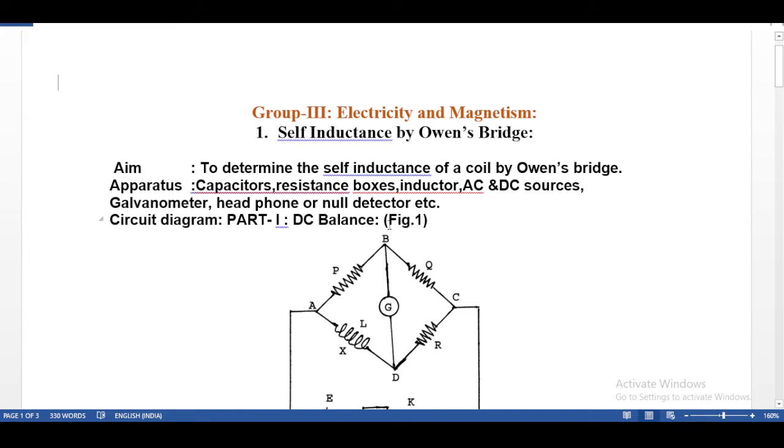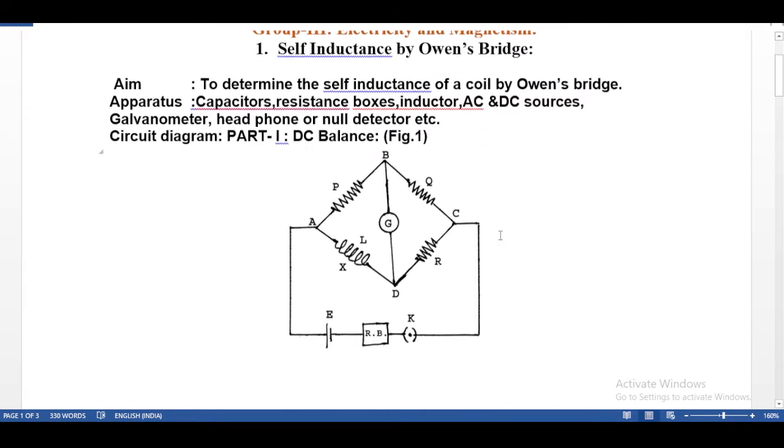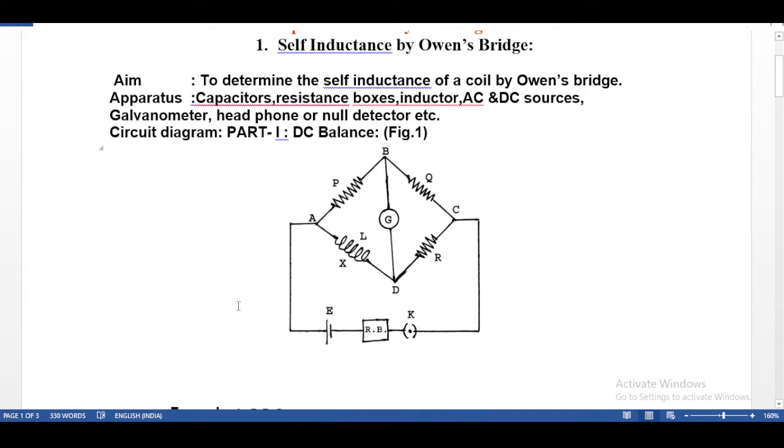Now, first of all, we have to perform this practical for a DC balance, and this is the required circuit diagram. P, Q, R, these three are resistance boxes. This is one more resistance box.